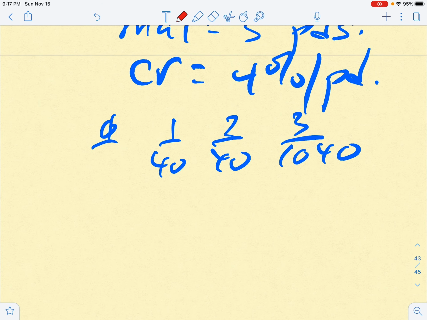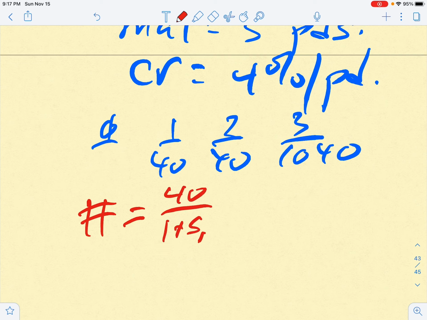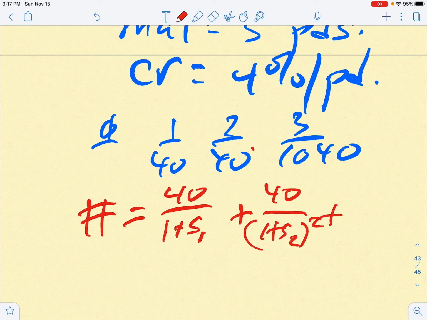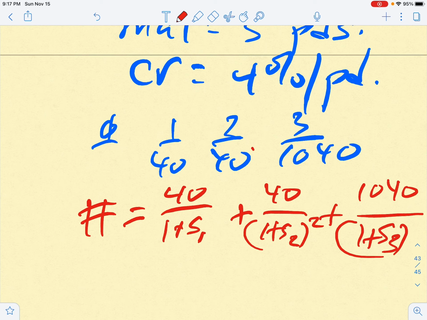There is some known price, a known number, equal to 40 divided by 1 plus the 1-period spot rate, plus 40 divided by 1 plus the 2-period spot rate squared, plus 1,040 divided by 1 plus the 3-period spot rate cubed. Standard bond pricing.